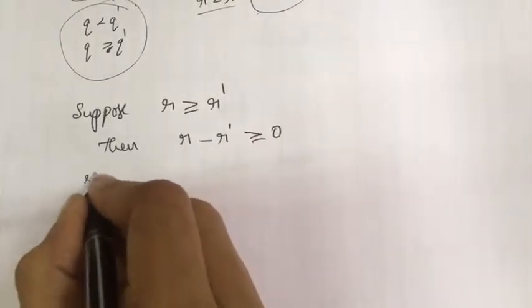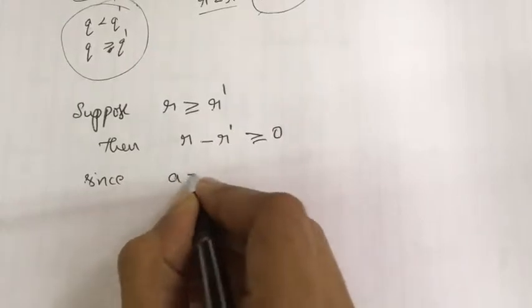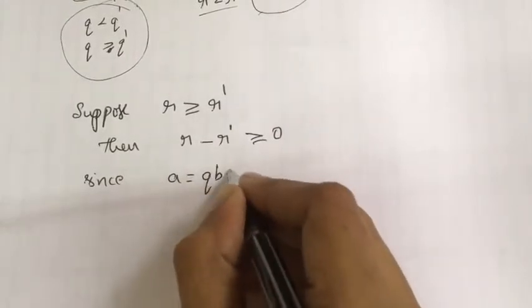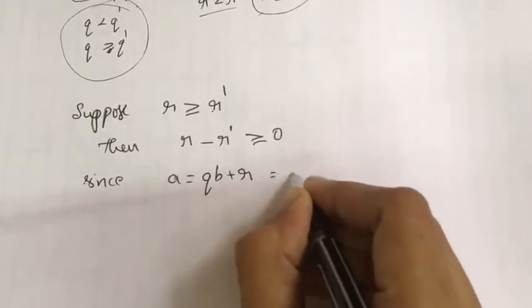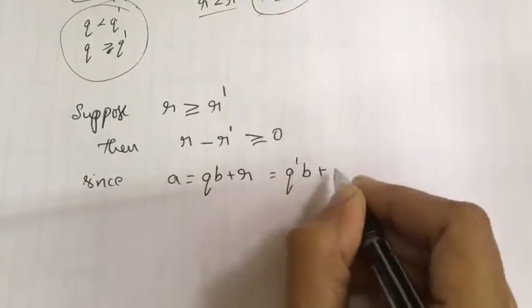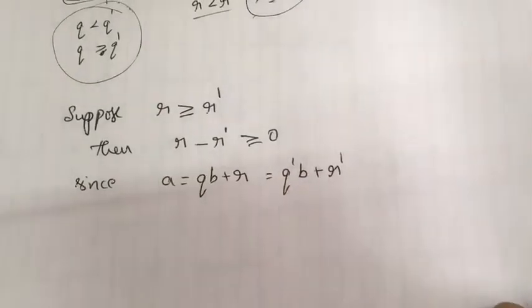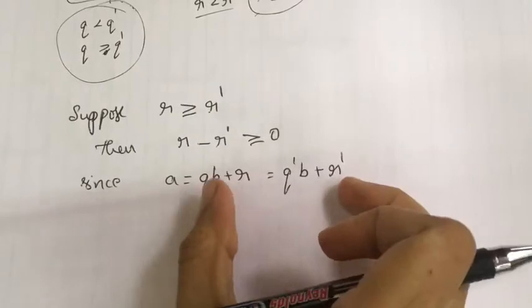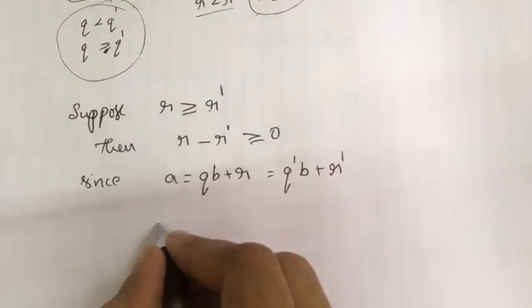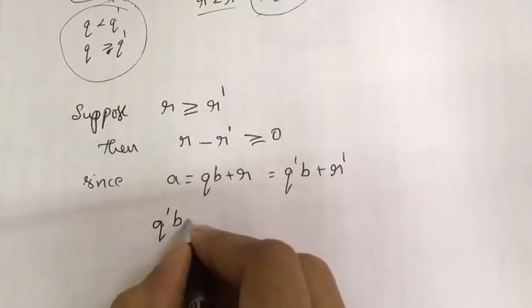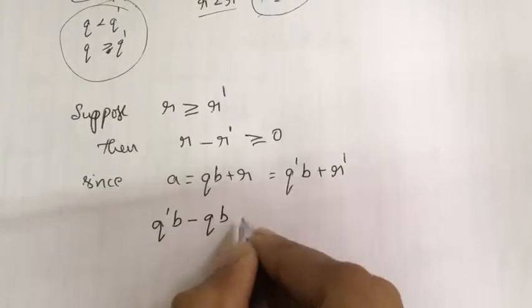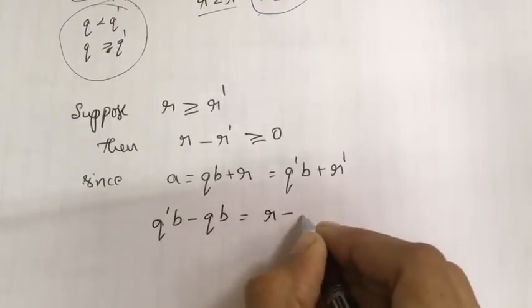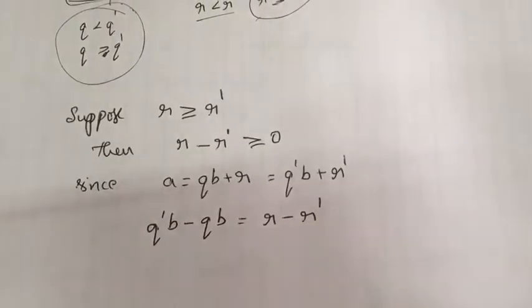Since I know that A is equal to QB plus R and equal to Q dash B plus R dash, I can rearrange this statement like this: Q dash B minus QB is equal to R minus R dash.